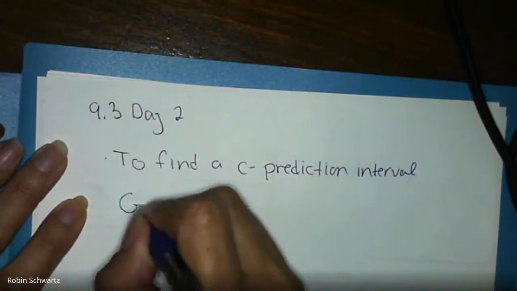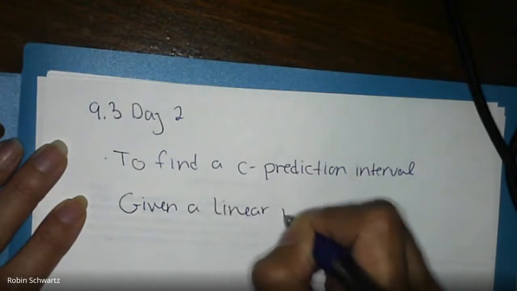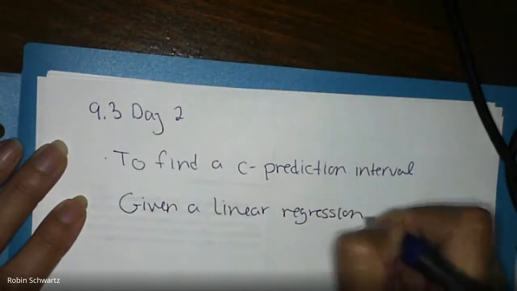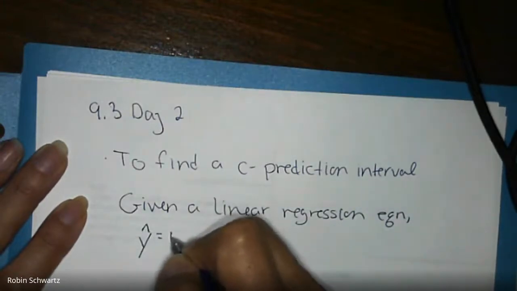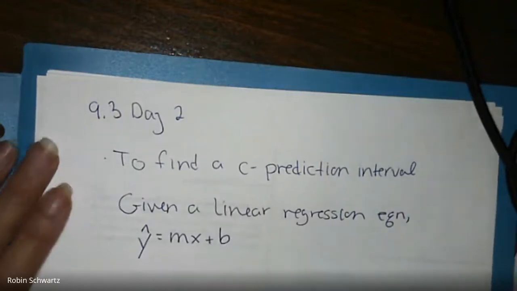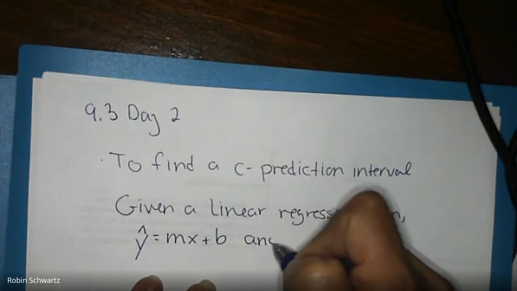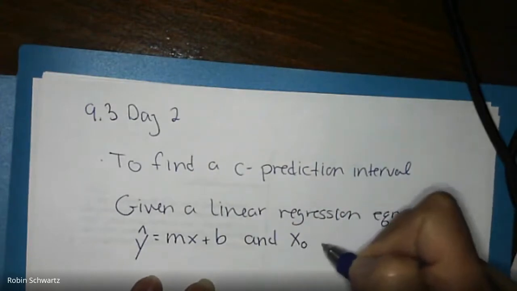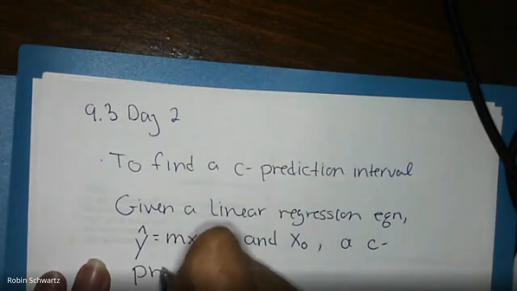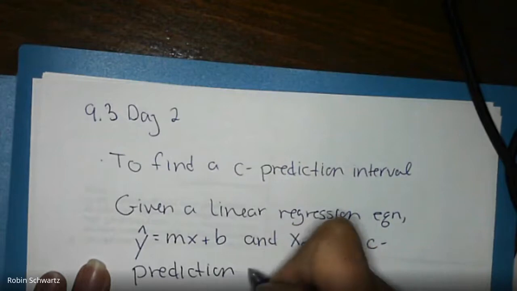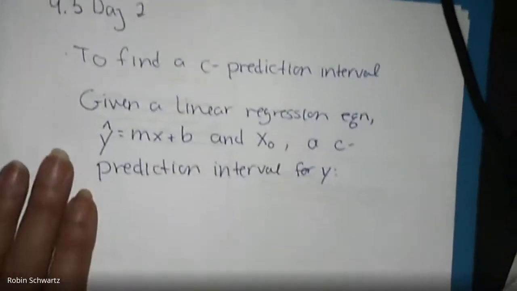All right, so given a linear regression equation, y hat equals mx plus b, which you found on Desmos yesterday, or were given on Desmos yesterday, and given an x value, which we'll call x sub 0, we are going to create a C prediction interval for y. And I will show you what I'm talking about.